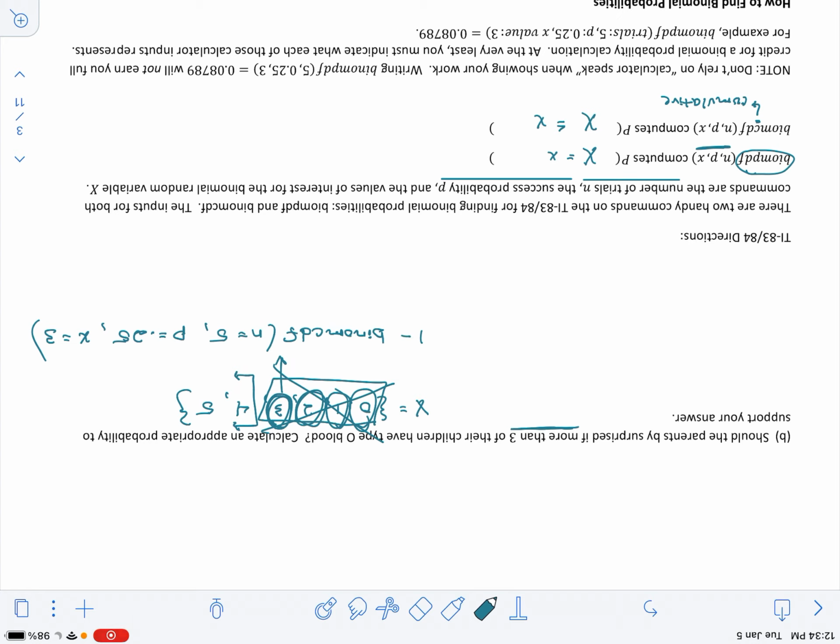If you ever want more than, so I could say down here, if you take the complement of a binomCDF of n, p, x, this is finding the probability that my random variable X is larger than the x value I put in.